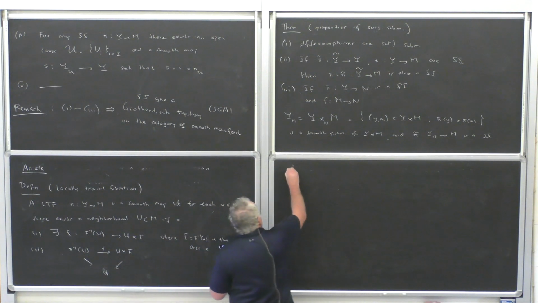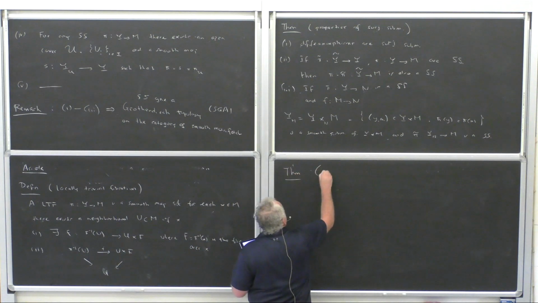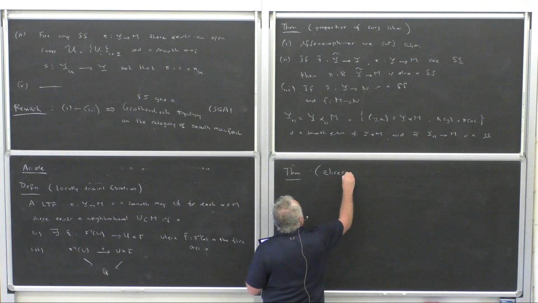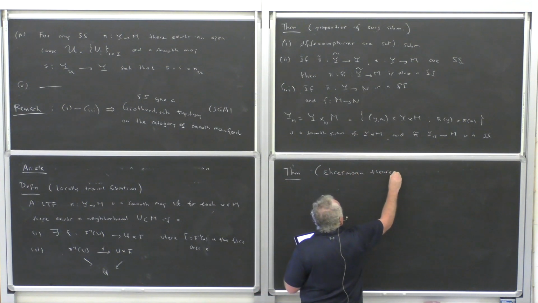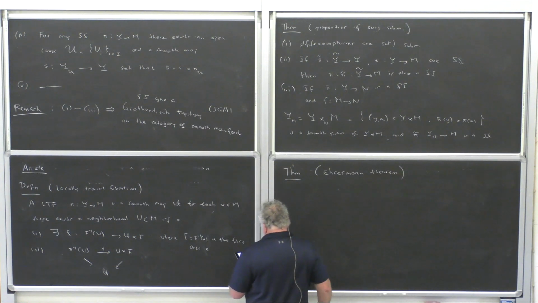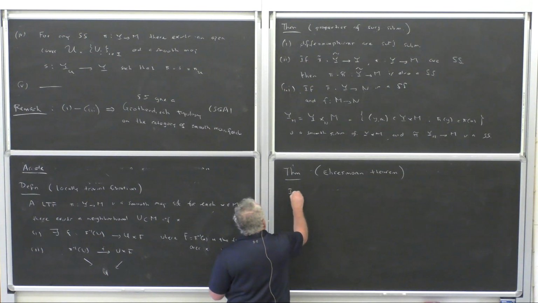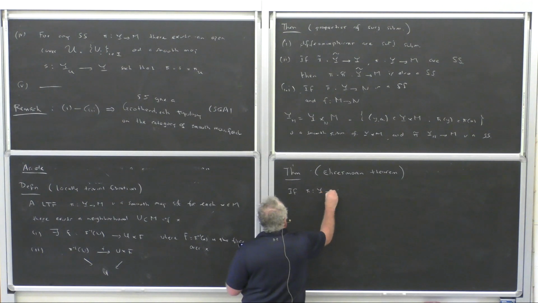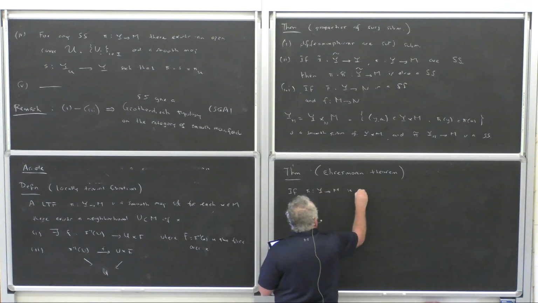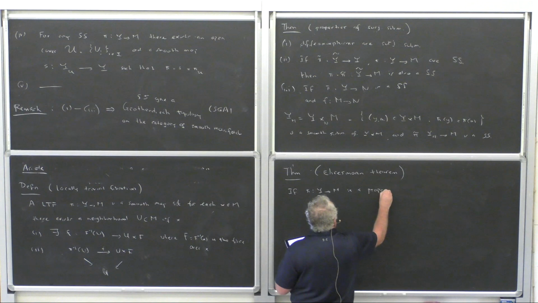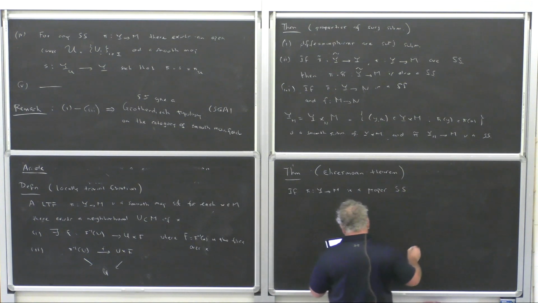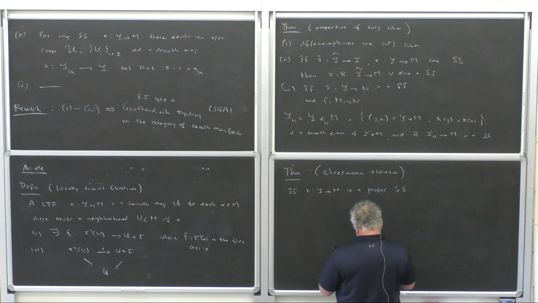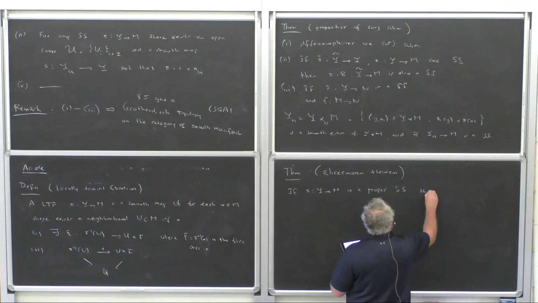It's called the Ehresmann theorem. If π: Y → M is a proper surjective submersion, so inverse images of compact sets are compact, then it is a locally trivial fibration.